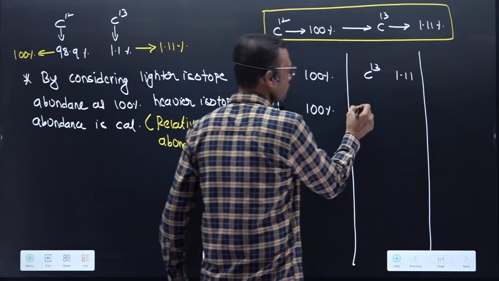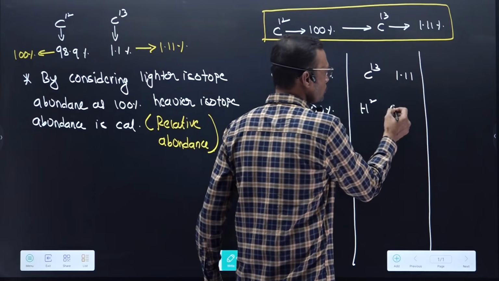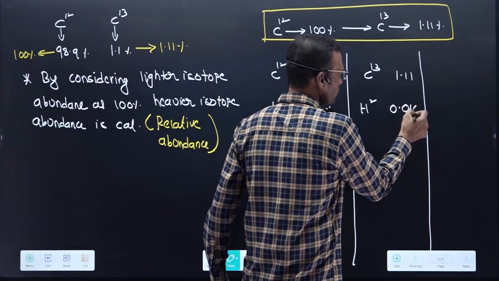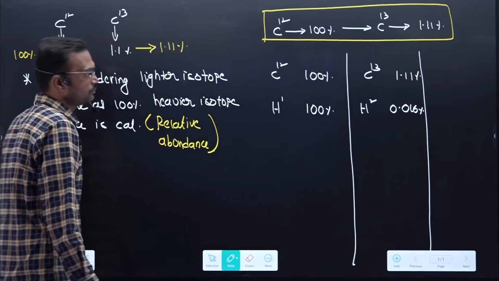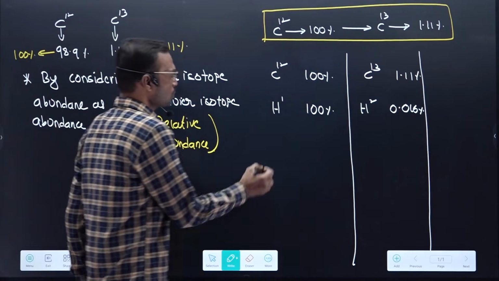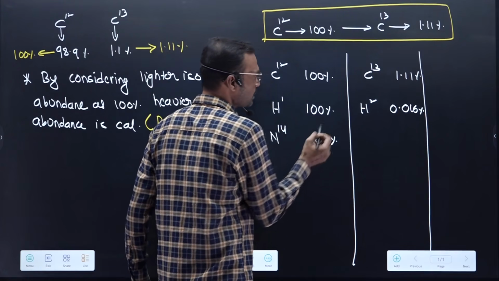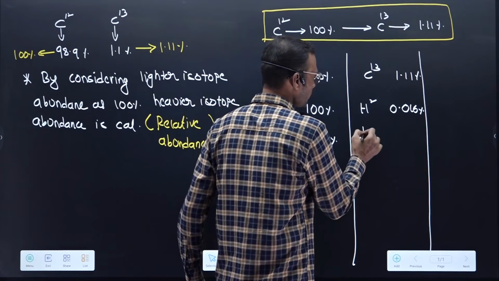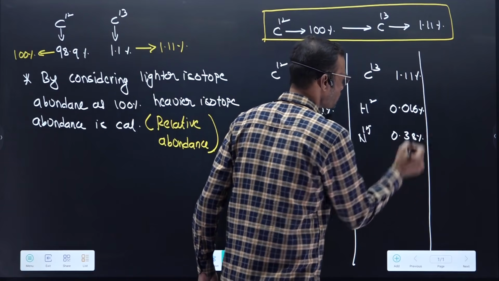Hydrogen, that is H2, deuterium, otherwise H2 isotope, abundance is 0.016 percentage. Then followed by nitrogen. Nitrogen 14 is taken as 100% abundance. Nitrogen 15 abundance is 0.38 percentage. This you need to remember.